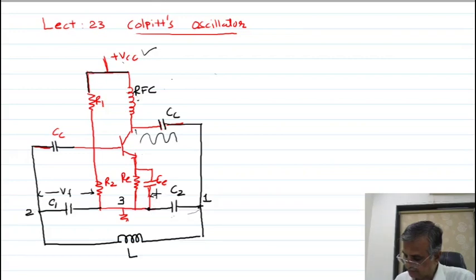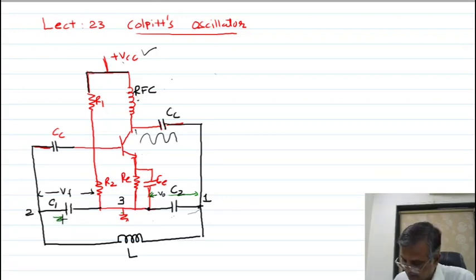This is the voltage across C2, which is the output. Between pins 1 and 3, the output voltage is developed. Between 2 and 3, the feedback voltage is developed. Remember.